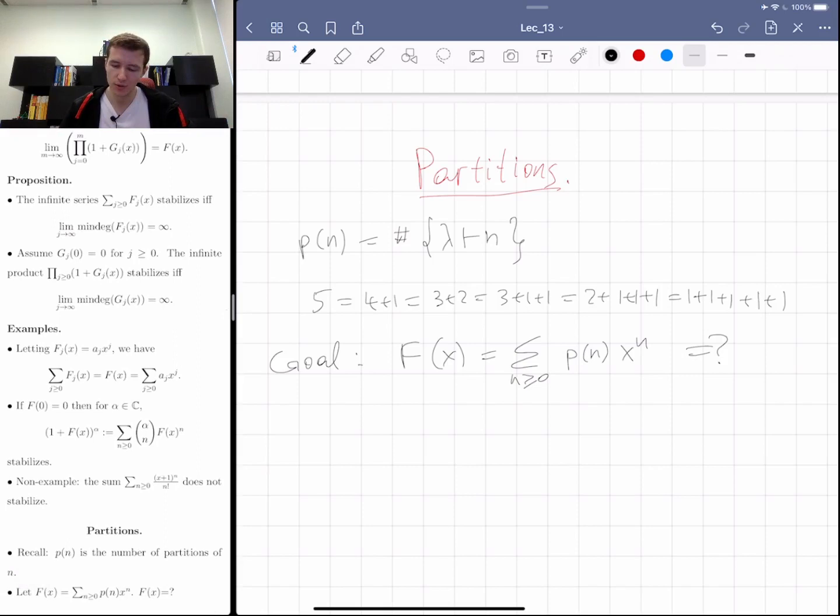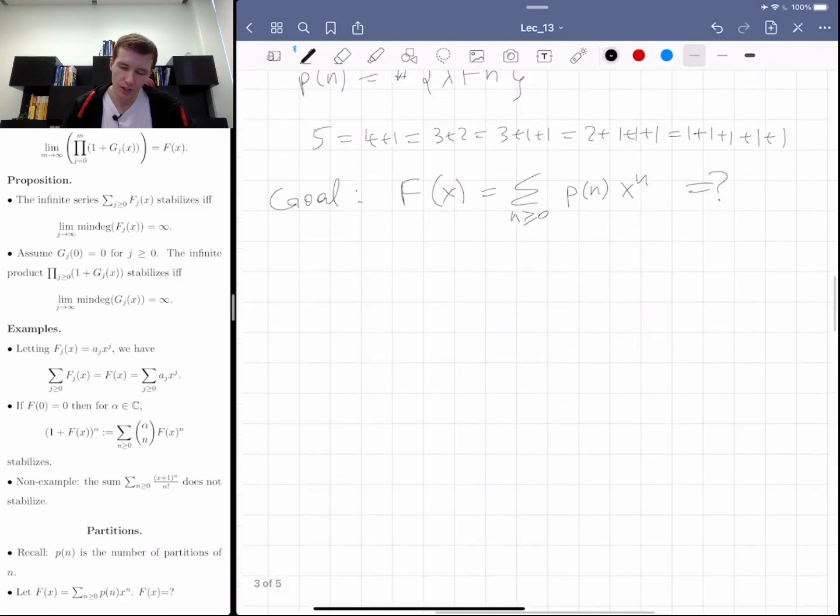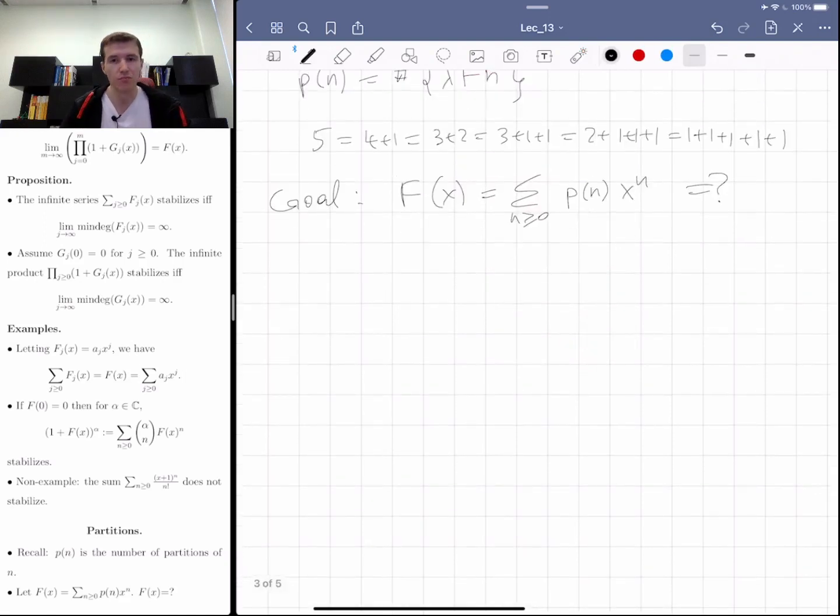Now, as you may expect, this formula is going to involve either an infinite sum or an infinite product. Well, in fact, this is already an infinite sum, so that may already be satisfactory to you. But the point is that these numbers are hard to compute exactly. So it would be nice to have some formula which is some infinite product or sum where each individual term is easy.